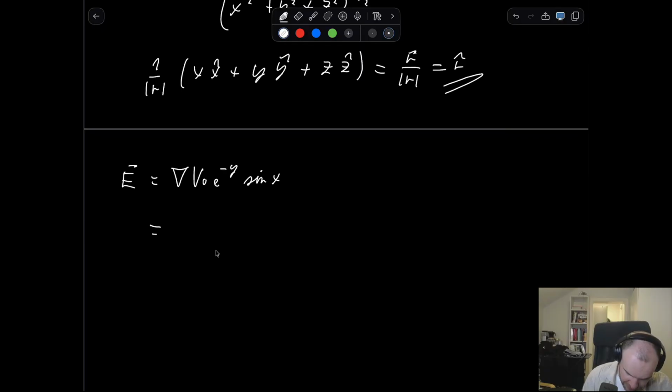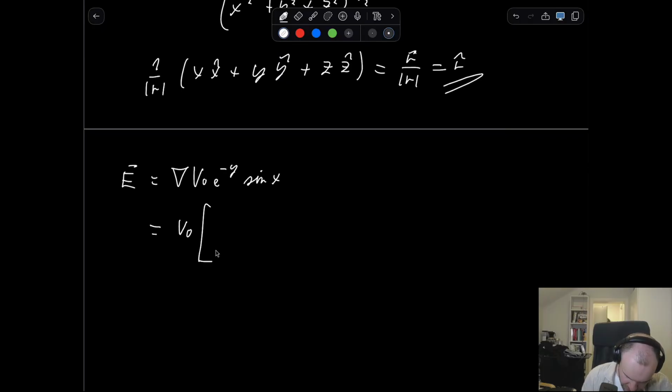Remember, the gradient is partial derivatives. This is a vector, so we are first going to differentiate in the y direction. I can just pull V0 out of everything. So just V0 e to the -y.